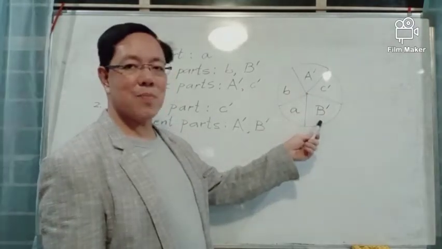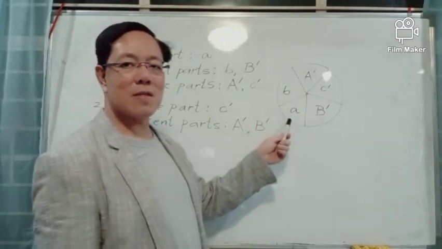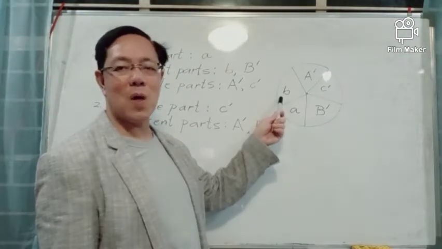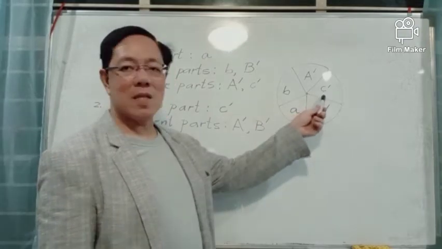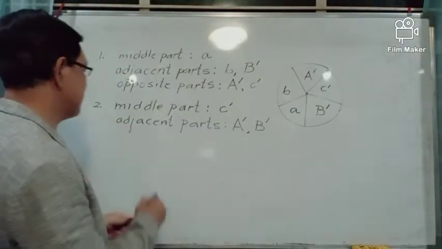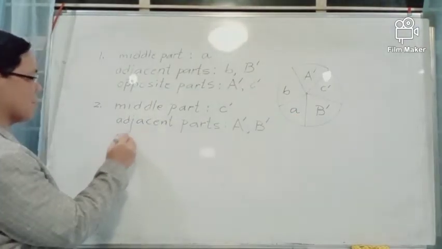These are the adjacent parts, and the two remaining parts, the sides small a and small b, are the opposite parts. The parts opposite the middle part C prime. We write opposite parts.